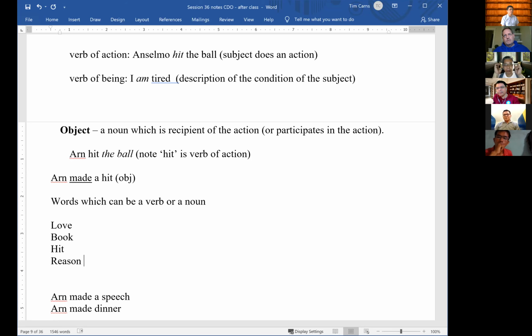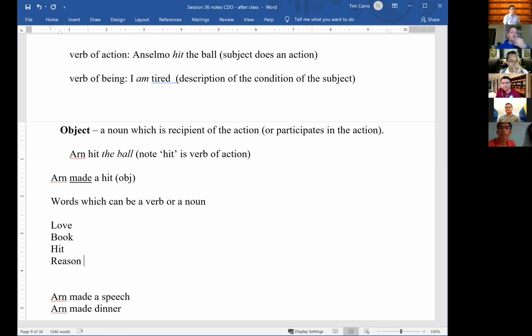We have that, but it depends on the stress and where you put the emphasis. That will change the meaning in Cebuano. Oh, as you pronounce it, the tone you use? As you pronounce the stress, that will change the meaning. Okay. So it's the same word, but if it's acting like a verb, you would say it differently.